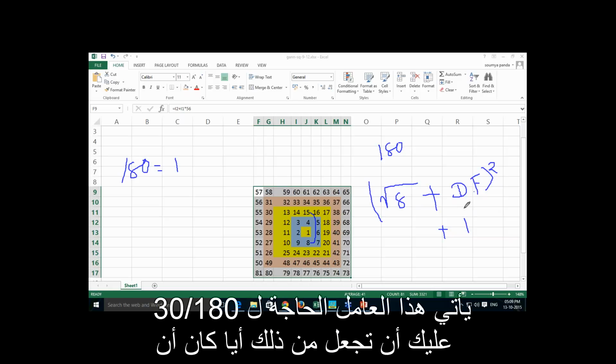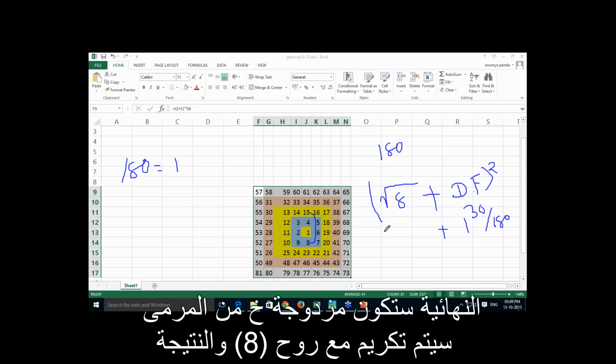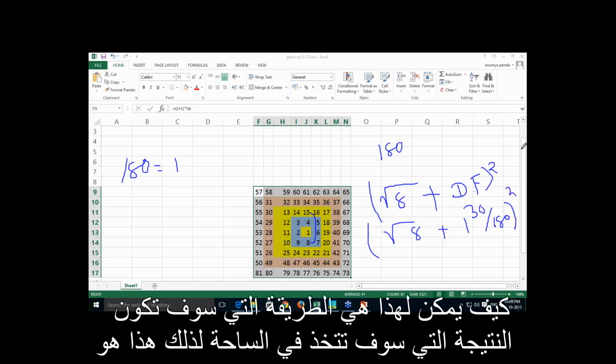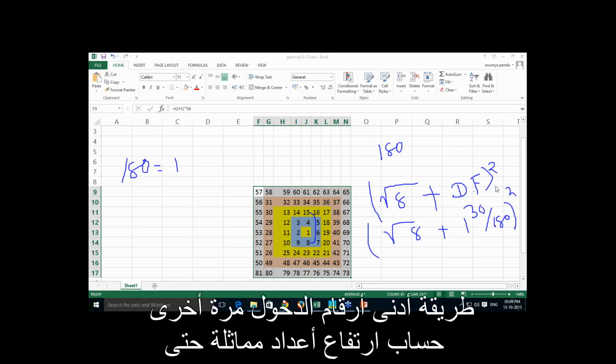So 30 divided by 180 you have to make it. Whatever factor comes, that factor needs to be added with the square root of 8, and the net result will be squared. So this is how you will be calculating the higher numbers.